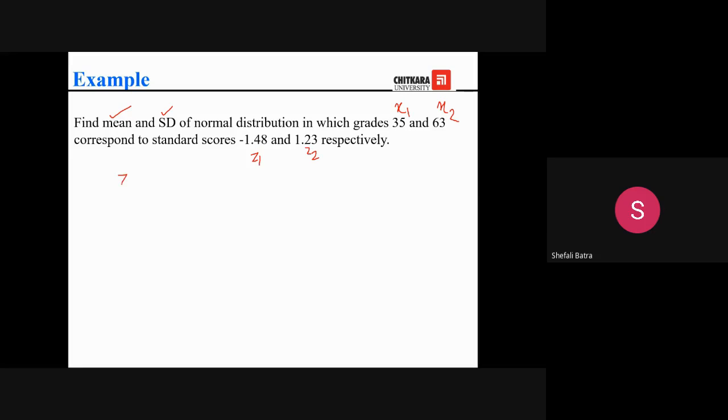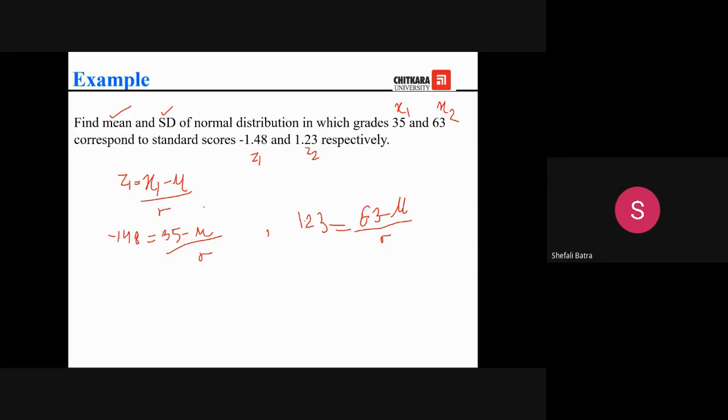So can I write like this? z1 is equal to x1 minus mu upon sigma, and this z1 is minus 1.48, corresponding to 35, so 35 minus mu upon sigma. Similarly, from the second, z2 is 1.23, corresponding to 63, so 63 minus mu upon sigma.